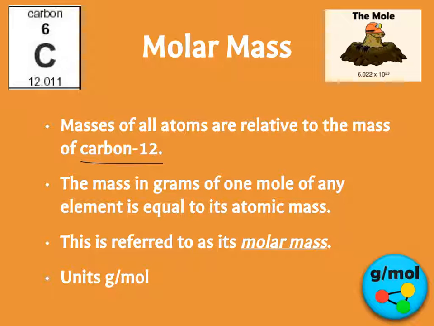So the mass in grams of 1 mole of any element is based off of this idea of carbon-12. If you look at the periodic table at the square for carbon, atomic number 6, it has an atomic mass of 12.011. Those decimals come from the fact that it is an average of all the isotopes of carbon. So the 12.011 is what we call the atomic mass.